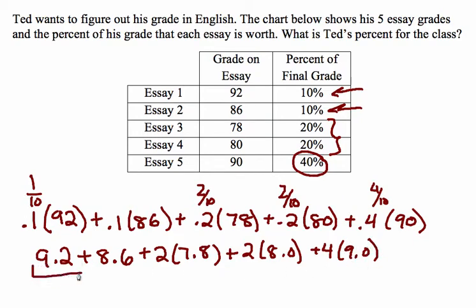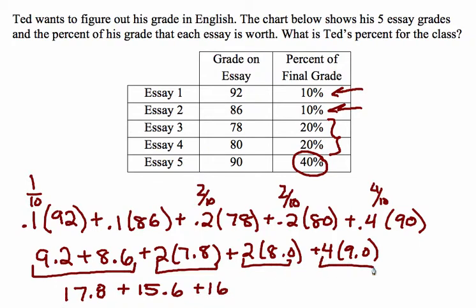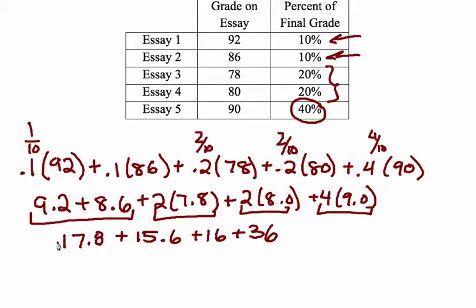So 9.2 plus 8.6 is 17.8. 2 times 7.8, well, 2 times 7 is 14, and 2 times 0.8 is 1.6. So 2 times 7.8 is going to be 15.6. 2 times 8 is 16, and 4 times 9 is 36. 17.8 plus 15.6, well, 17 plus 15 is going to be 32.